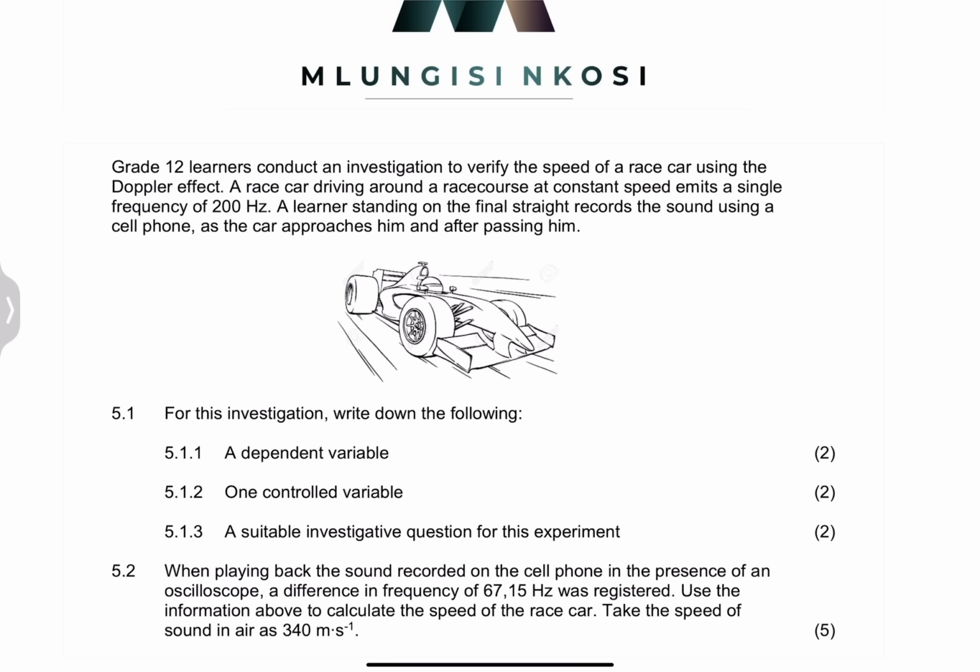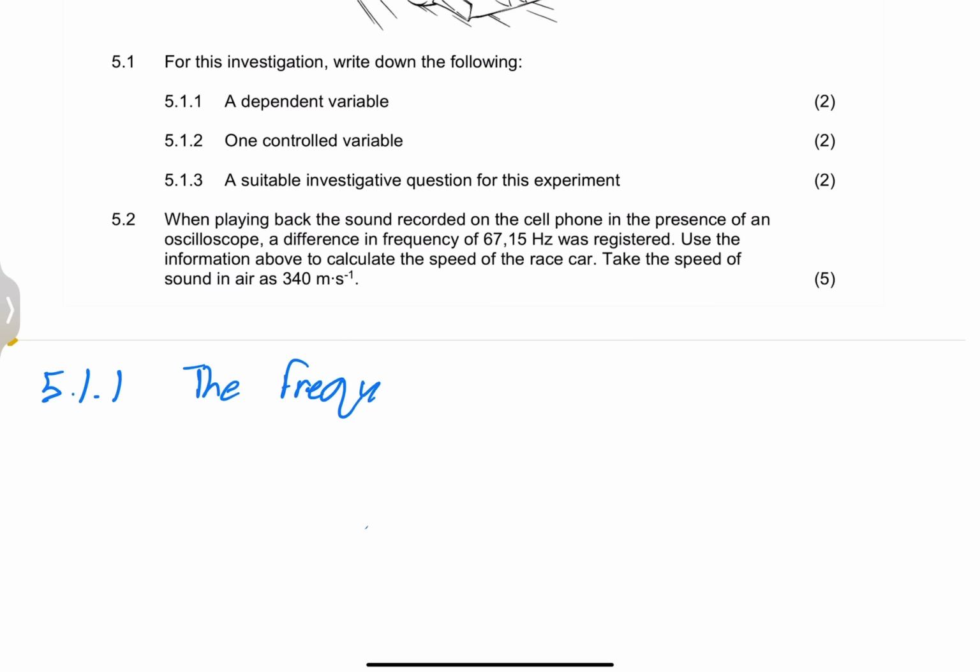So this would be the frequency, or let's say the perceived frequency, or you can say the frequency of the listener, whatever the case may be. Okay, so that would be the perceived frequency, or you can say the frequency of the listener, if you want to. Either way, it all means the same thing.